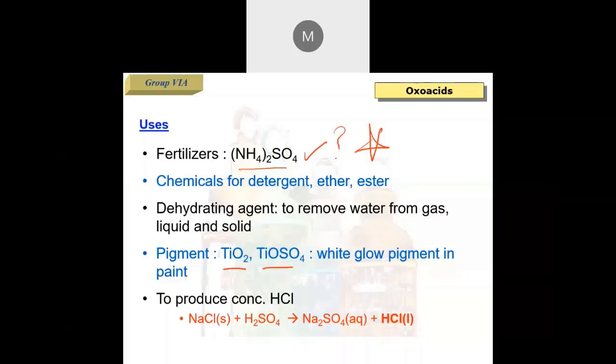Using sulfate, it can also give you a different hue or tone to the white paint. To produce concentrated hydrochloric acid, we can react the salt with sulfuric acid, and we can form hydrochloric acid.